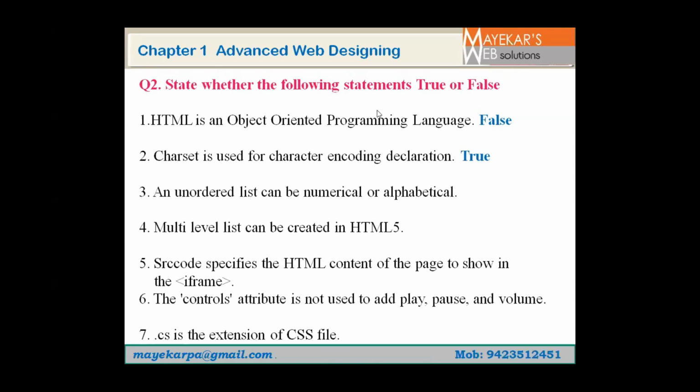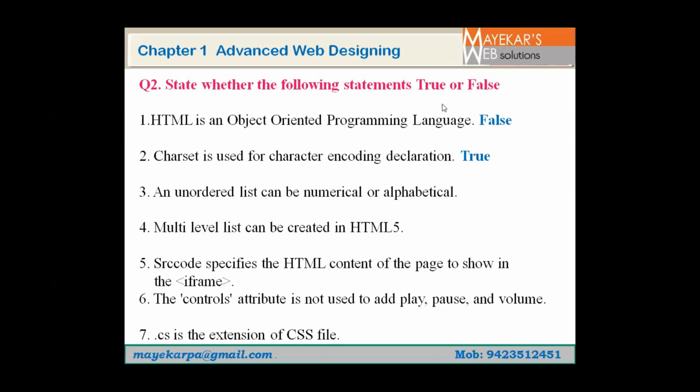Next, the third statement is, an unordered list can be numerical or alphabetical. See what is asked here: unordered. We have studied two types, unordered and ordered. In ordered, we always consider sequence, while in an unordered list we don't require sequence.